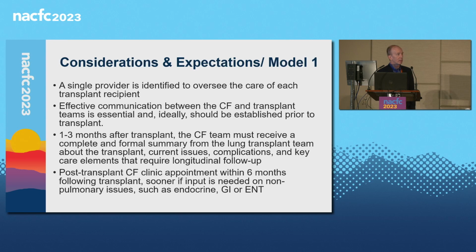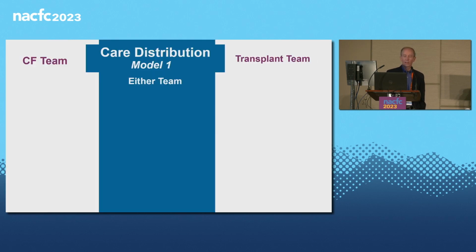The CF team should receive some written material and a summary, ideally a verbal report about the course of the transplant, how the person's doing, their complications, and key care elements that should fall under the attention of the CF team after they relocate to their home place. After transplant, CF clinic appointments should occur within 6 months and sooner if input is needed on non-pulmonary issues such as diabetes, GI issues, or ENT.